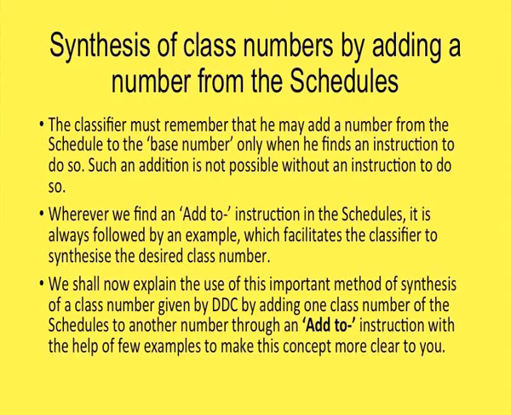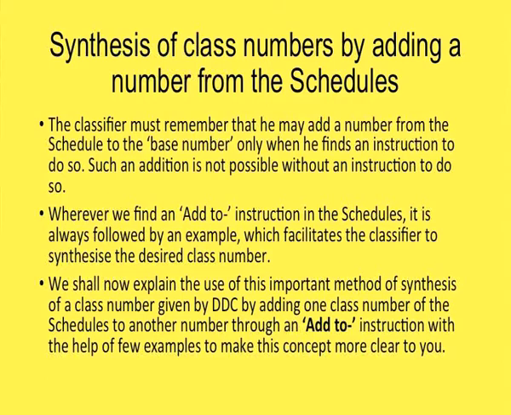Only when we find an instruction to do so, then we can add a number to the base number. So, without an instruction, it is not possible. Wherever we find an add to instruction in the schedules, it is always followed by an example which helps the classifier to synthesize the desired class number. So, we have to be careful to look into the add to instructions in the schedule.